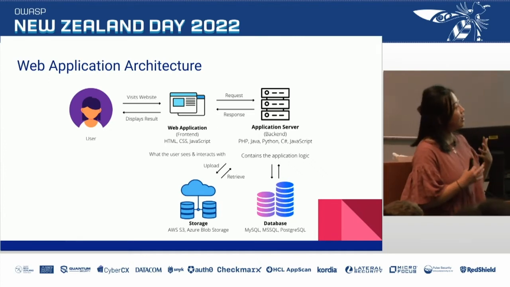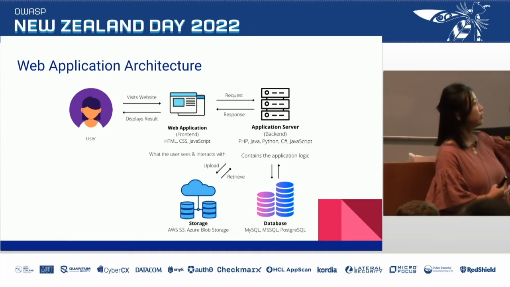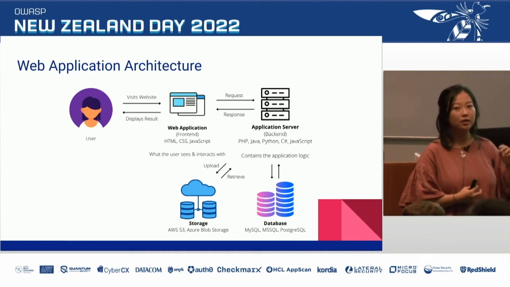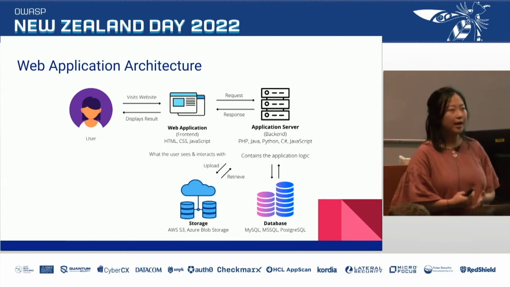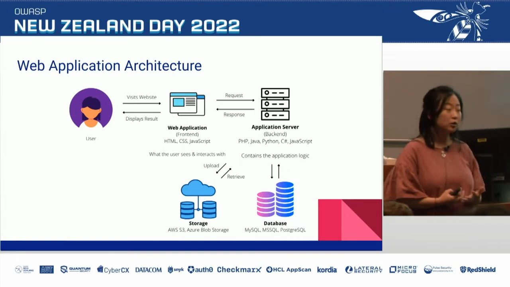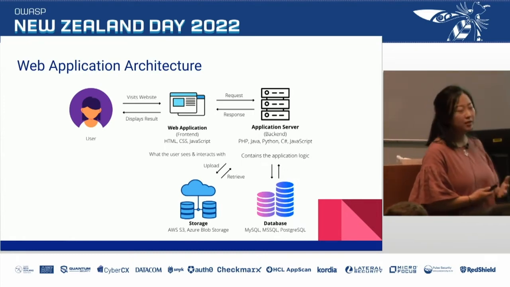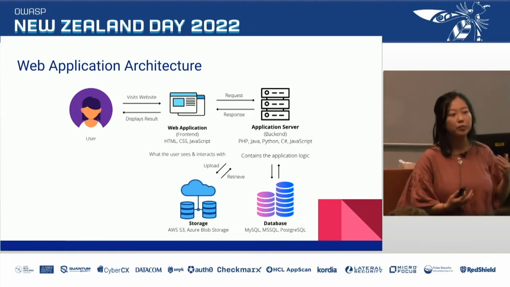But the issue with that traditional architecture is that it uses a lot of bandwidth, especially for the application server on the backend. So it can get really busy and uses a lot of computing power on the server. It's not great for applications that deal with peak traffic, right?